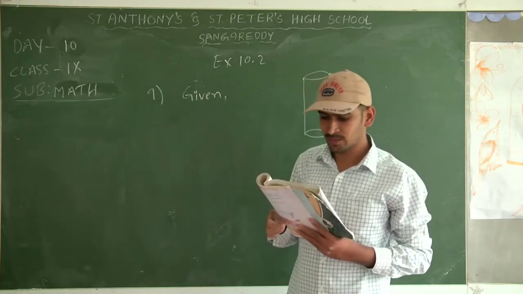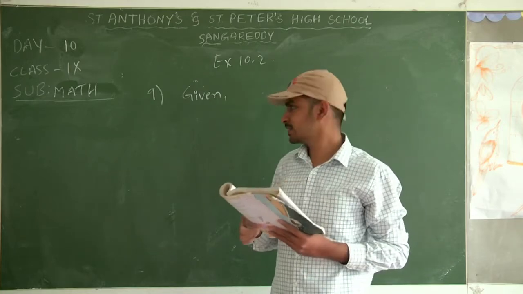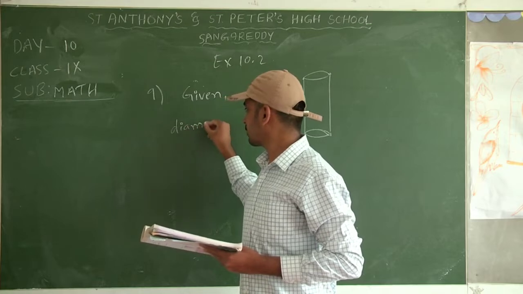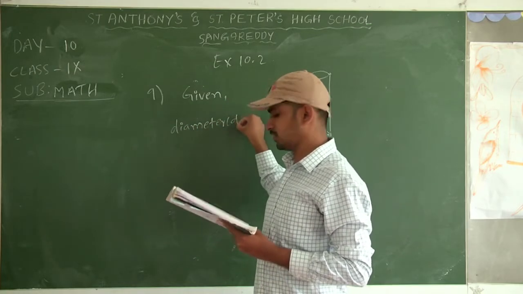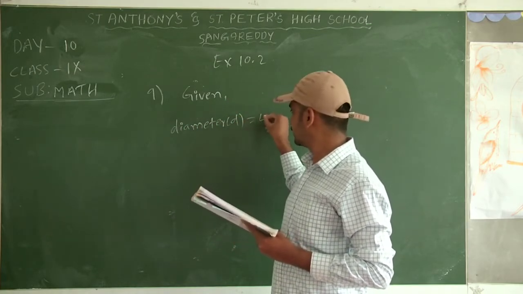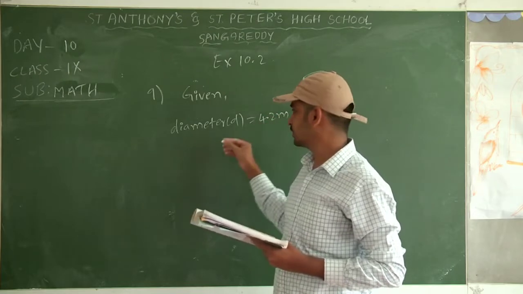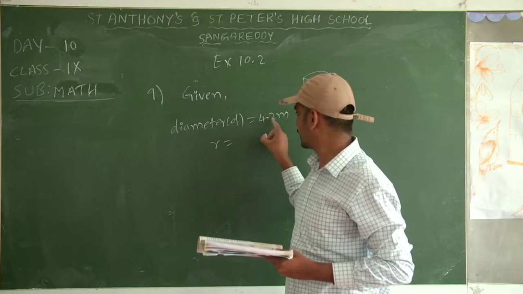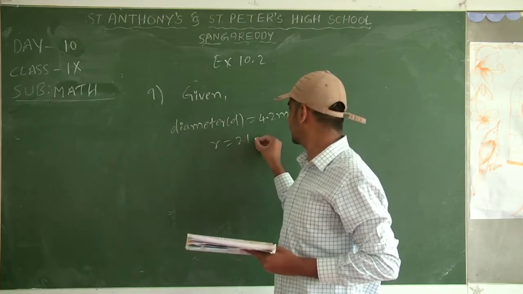Whose diameter is given, D equals 4.2 meters. So radius equals half of the diameter, that is 4.2 by 2, 2.1 meters.